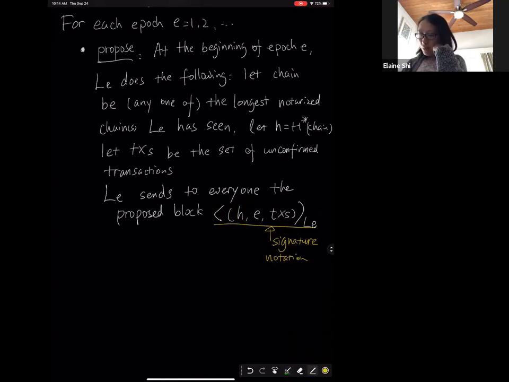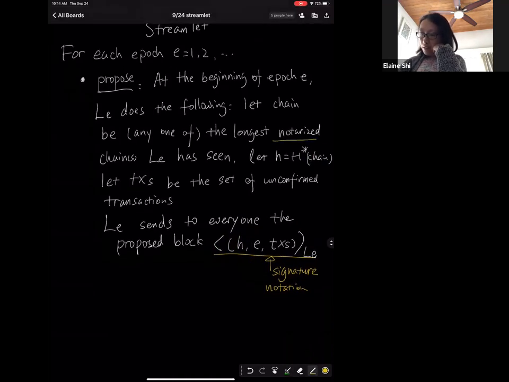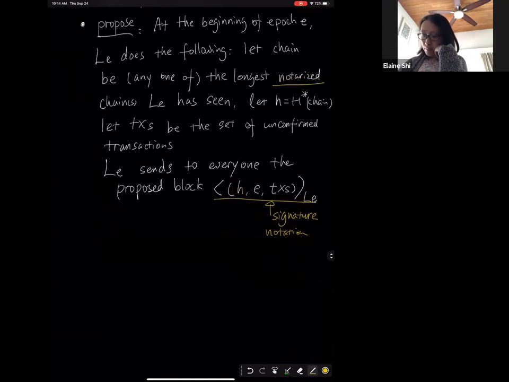As Junxi was asking, one thing I didn't define yet is notarize. So what does notarize mean? A block is notarized if it has collected votes from at least 2/3 of the players, and I'll explain what a vote is.